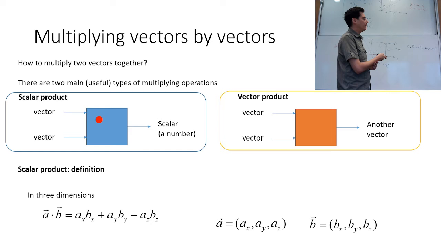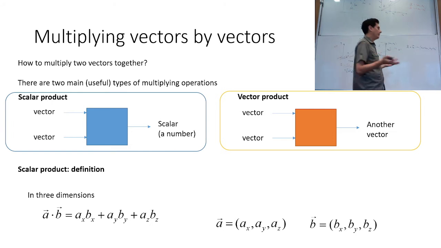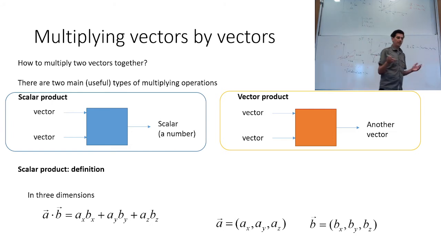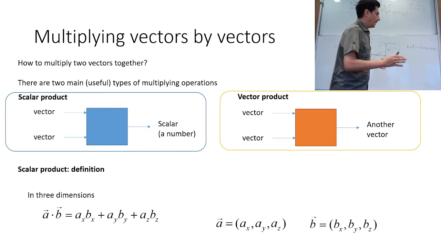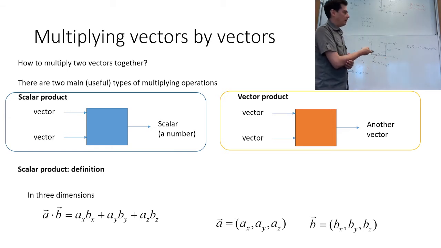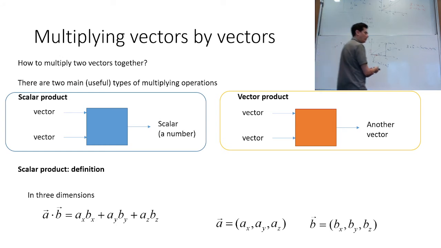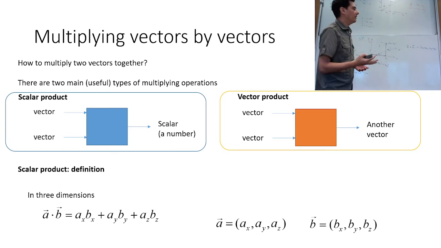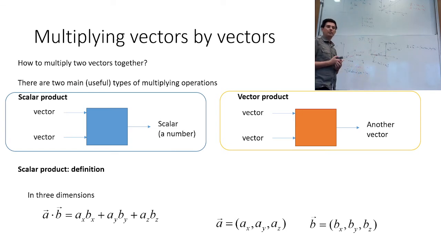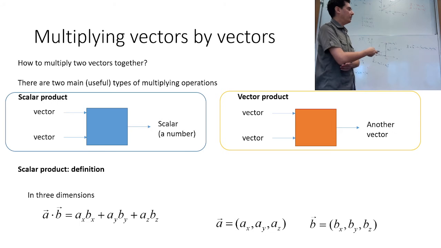And how we define what is happening in this box is, well, you can define any kind of operation that you like, but a lot of them will not have any kind of physical relevance, and will also not obey some nice mathematical properties. So we're going to look at two particular potential definitions of multiplication, which are the scalar product and the vector product.